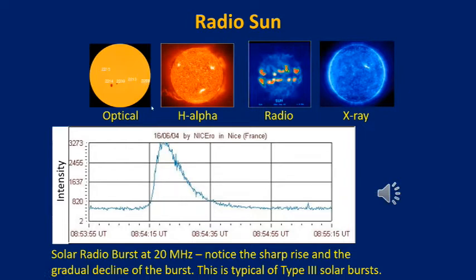Interesting. I'm not sure why I'm not getting a good sound profile there, but you heard the white noise increase when the sun blasts a solar burst, and then an associated radio wave coming from the plasma, the electrons, and the magnetic fields from the plasma that's kind of blasted off the sun.